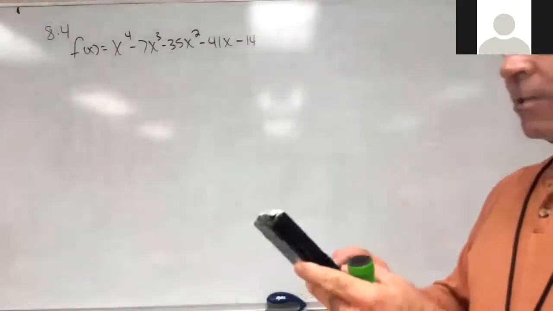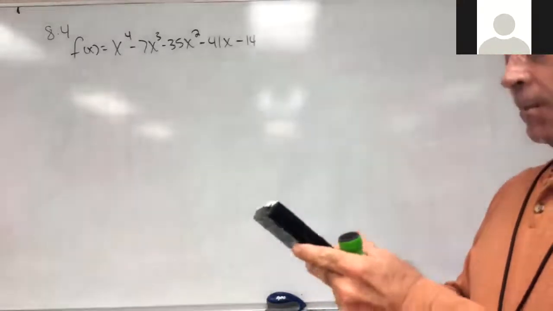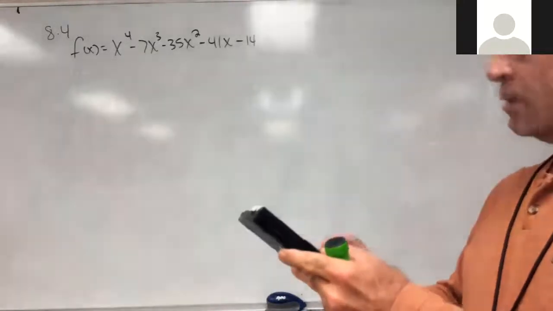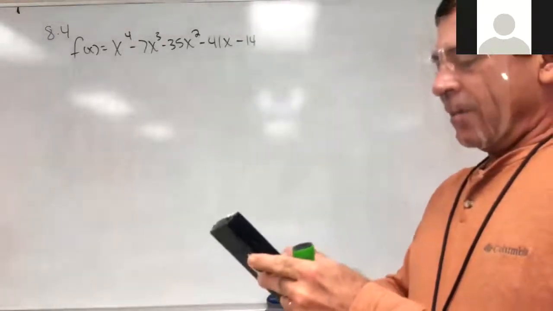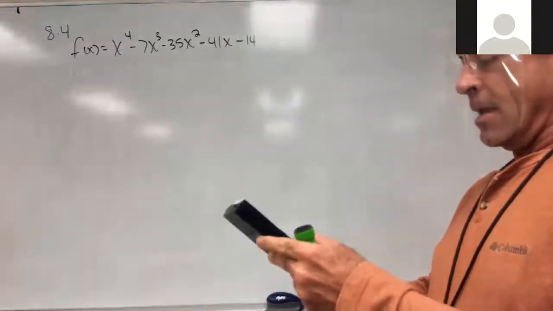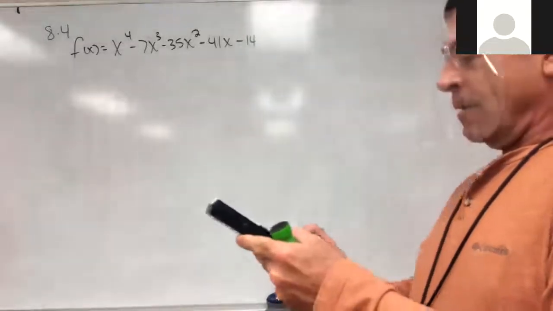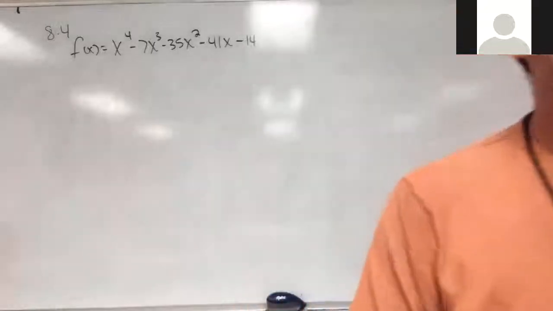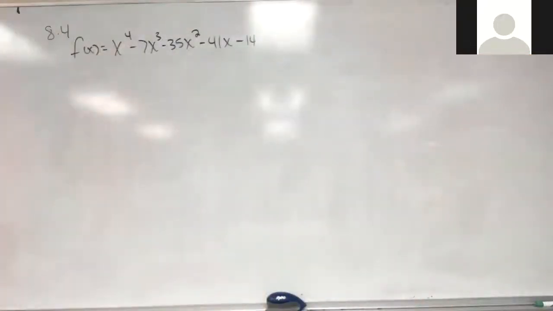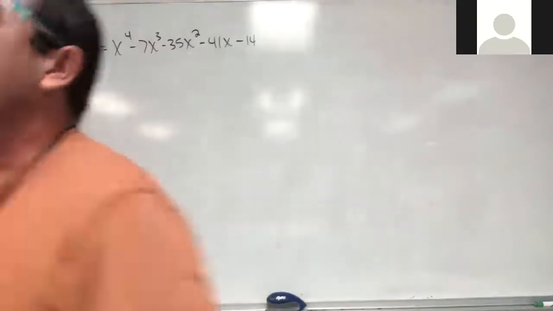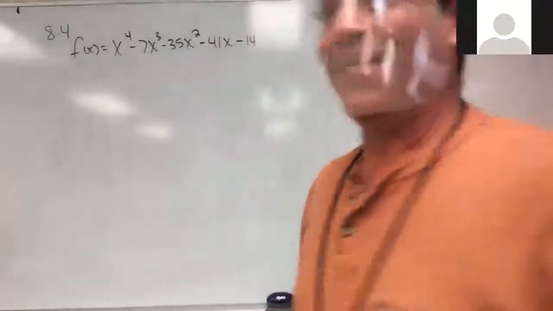So I got x to the fourth minus 7x to the third minus 35x squared minus 41x minus 14. So I just want to see where that might be crossing. So if you notice on this one, looks like it's over there at the -2 and the -1. It's got a little curve. So either one of them would work. So I'll try the -1 because that's a smaller number.